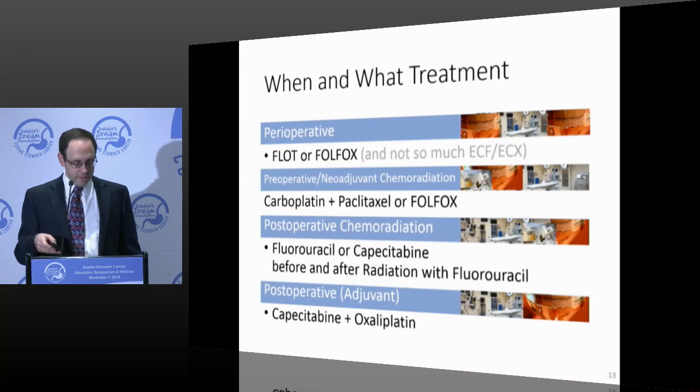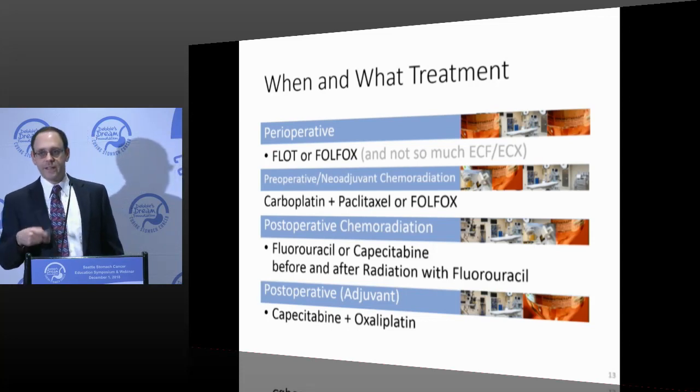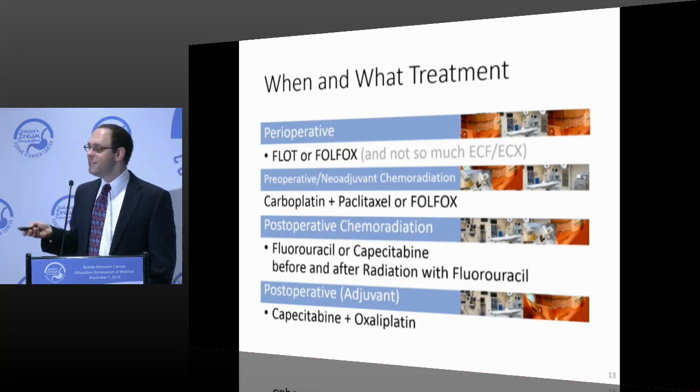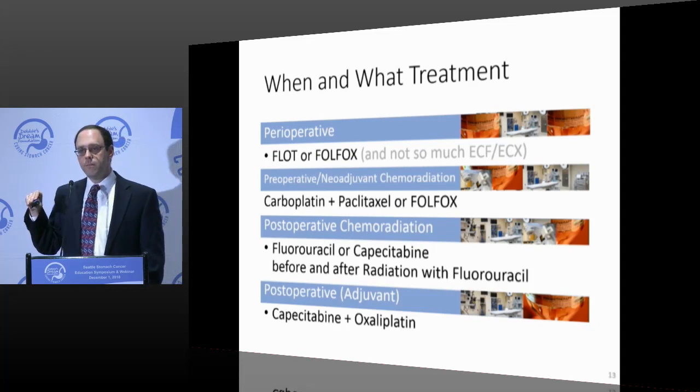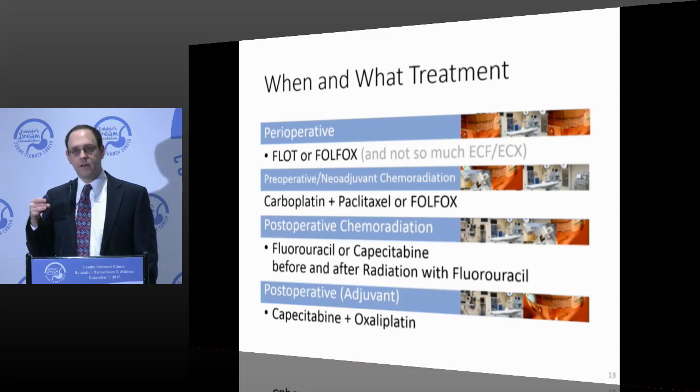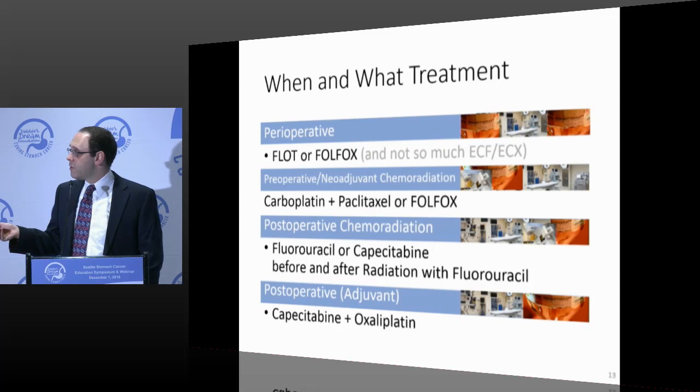The next thing, and I know you had a talk on radiation oncology, and you're like, Andrew, you're not talking at all about it. Radiation is quite useful. I would say it's a little bit more esophageal, and lower esophagus is where it's used a little bit more because it's somewhat easier, I think, to radiate the area that the cancer goes to. So that's where you pretty much definitely use it.